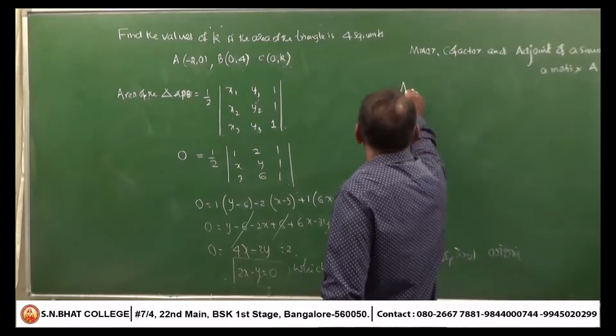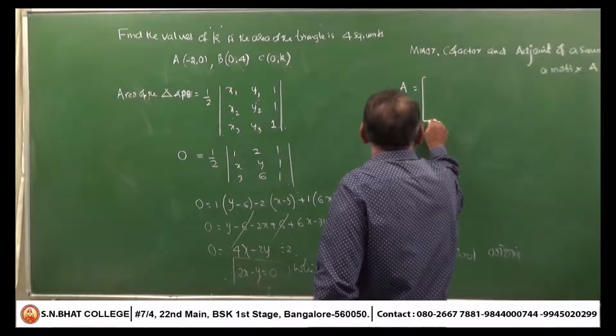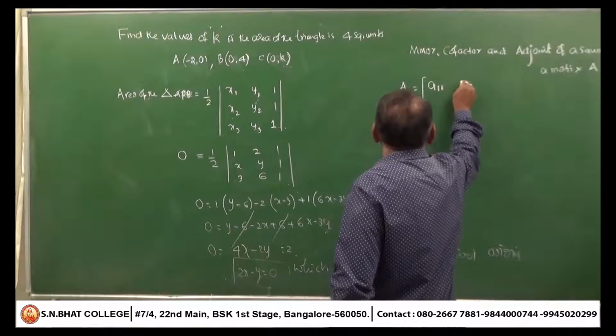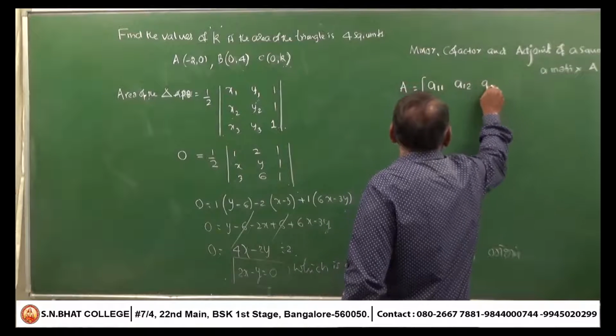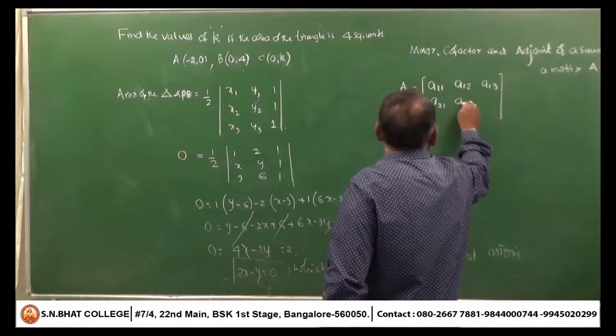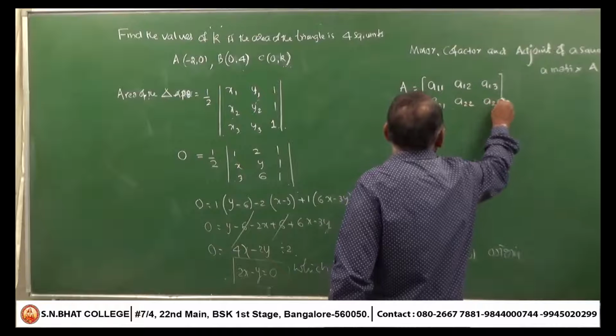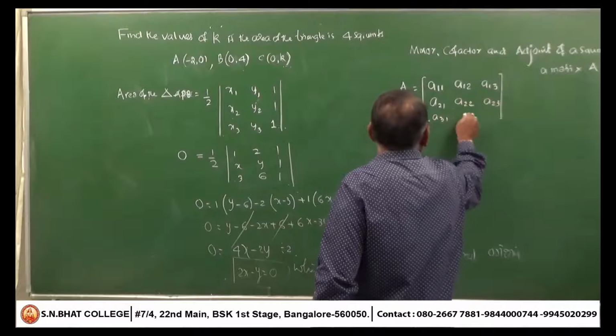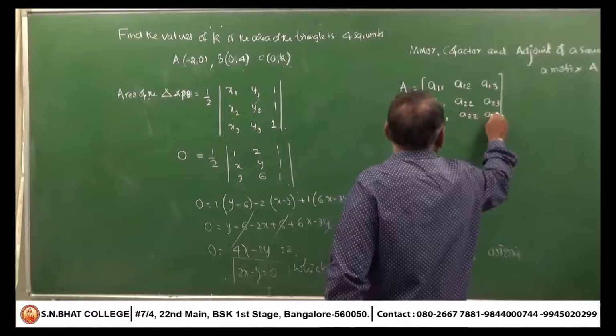Let A be equal to a 3 cross 3 matrix: a11, a12, a13, a21, a22, a23, a31, a32, a33.